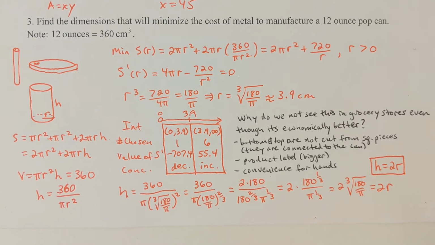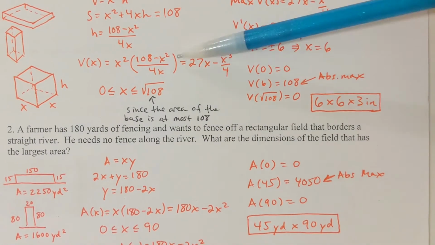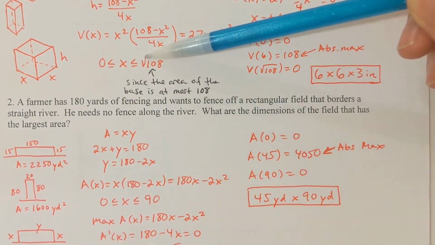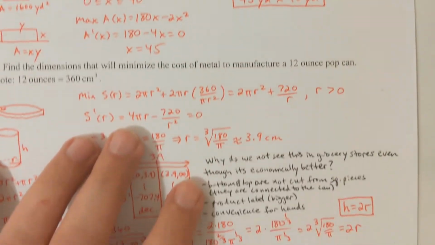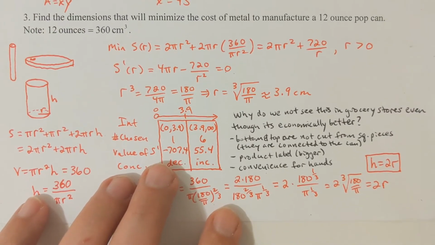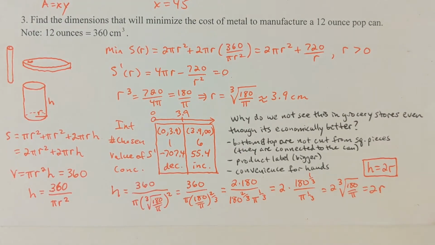Are we going to be using techniques from section 4.1, which is what these two problems involved, since I had a closed interval, or are we going to be using techniques from section 4.3? Because 4.3 was all about local maxes and mins, not absolute maxes and mins. That was 4.1. Well, in this problem here, what do we know about r?